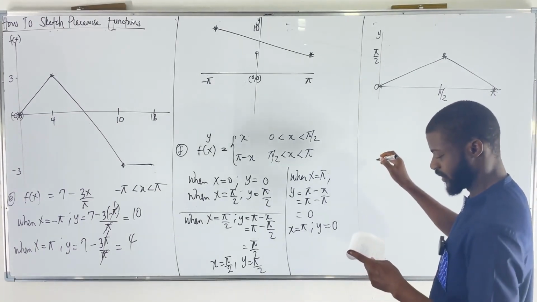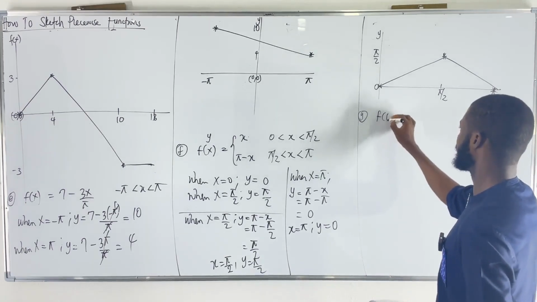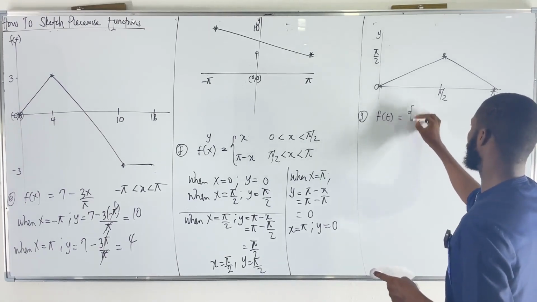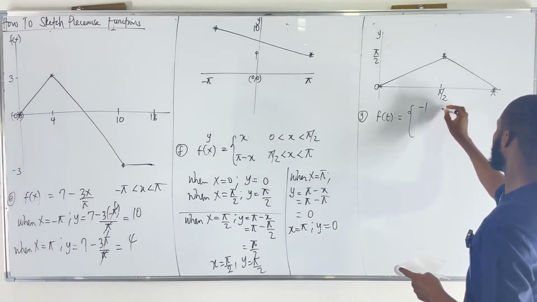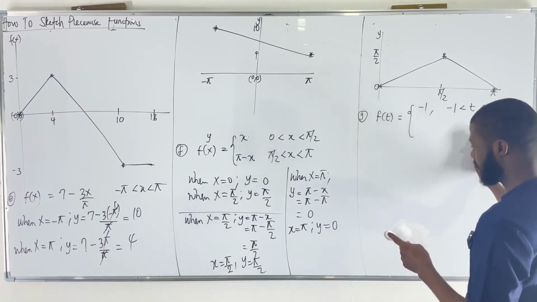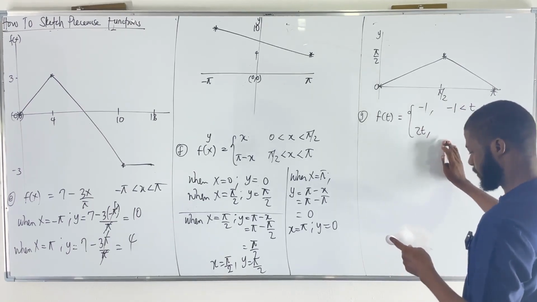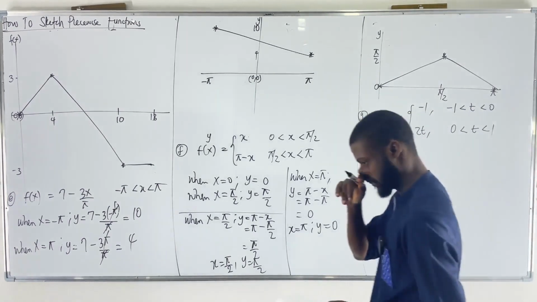Okay, the next one is G. So for G, f of t is equal to minus 1 for minus 1 less than t less than 0, and 2t for 0 less than t less than 1.